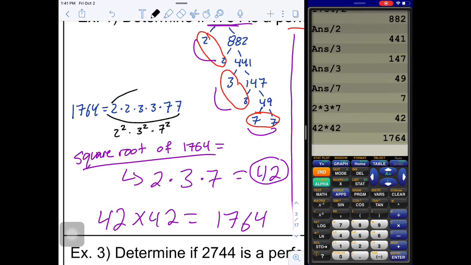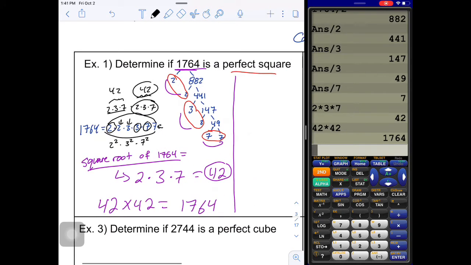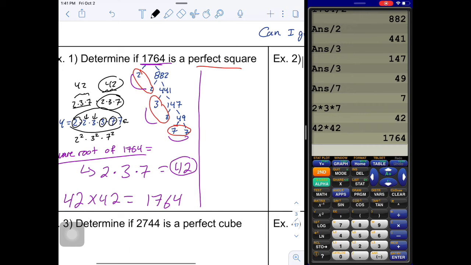Or you can represent it as 2 times 3 times 7 multiplied by 2 times 3 times 7. This 2, this 3, and this 7 over here, and this 2, this 3, and this 7 over here. This equals 42, and this equals 42. So that's your square. It is a perfect square, and the square root of 1764 equals 42.